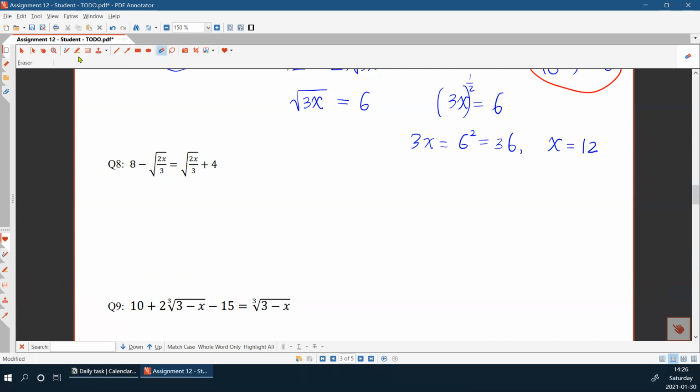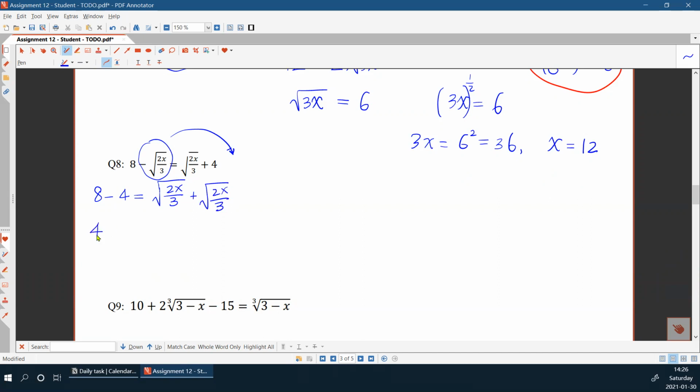So it is possible for us to merge them together, okay? And usually we put the minus something to the right-hand side of the equation, and move out constants to the other side. This gives us 8 minus 4 equals square root 2x over 3 plus 2x over 3, right?